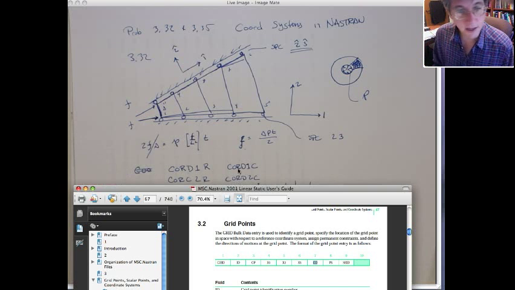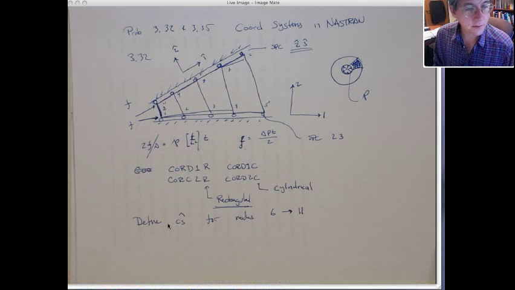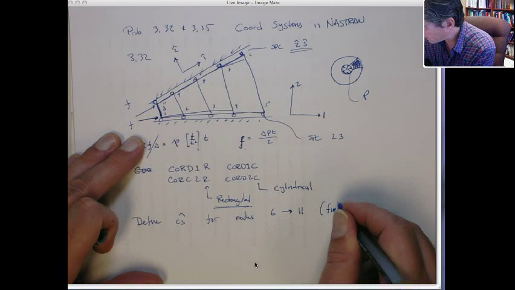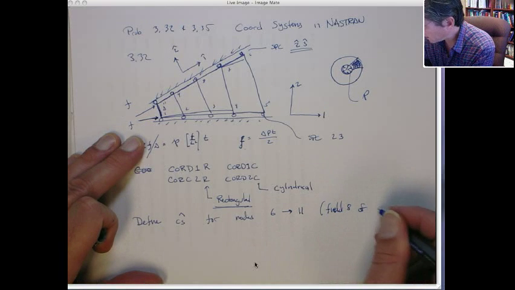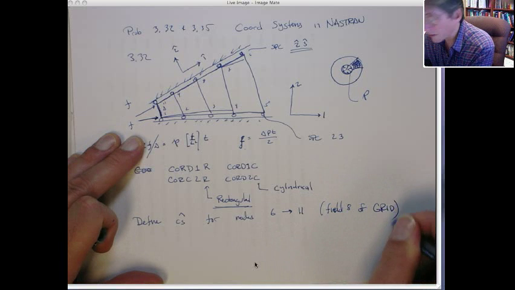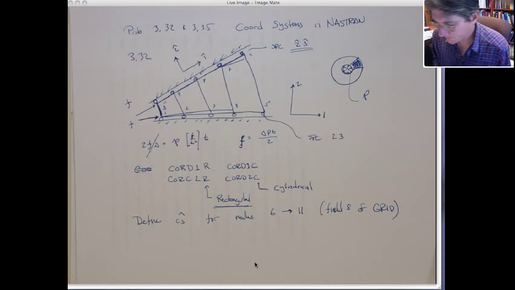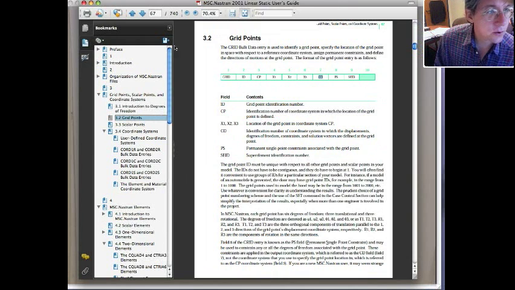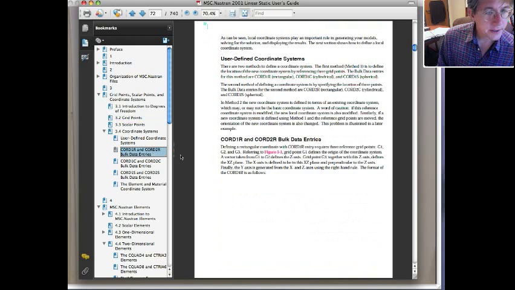We're going to define the hat coordinate system, and we'll use that for nodes 6 through 11. So that's going to be in field 8 of their respective grid definitions. All right. So let's look at how we define coordinate systems. Let's go back to the coordinate system part here.